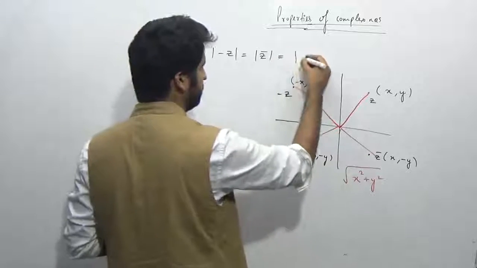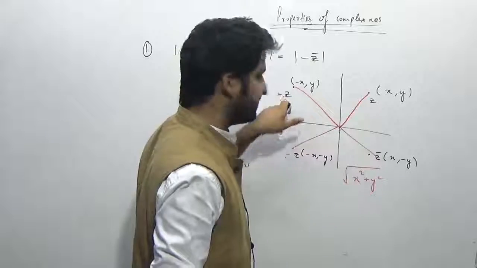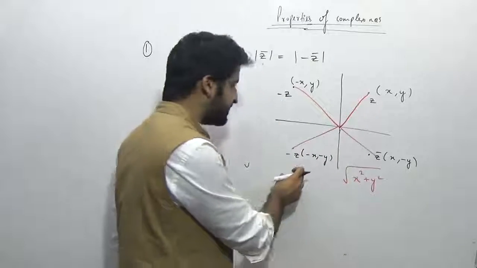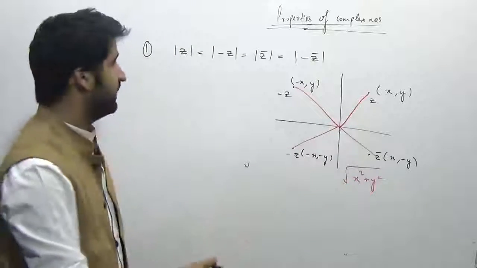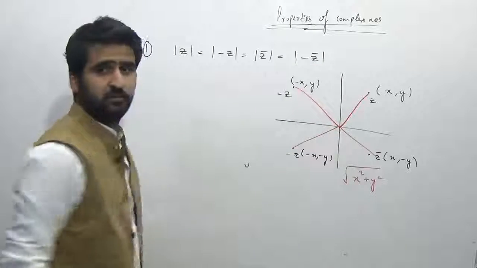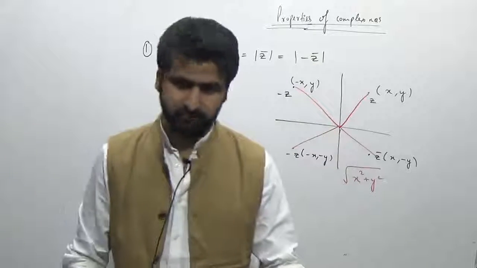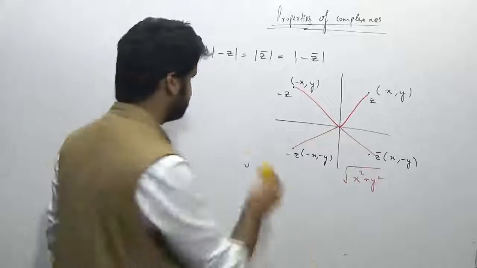From this complex number we derive 4 complex numbers: the complex number, its negative, its conjugate, and the negative of the conjugate. And we can see that the modulus of all 4 complex numbers is the same. So let's see the next property.